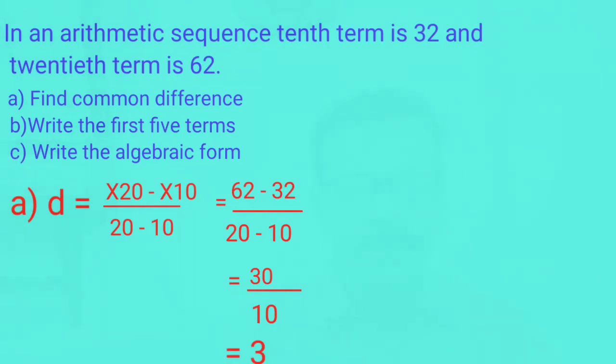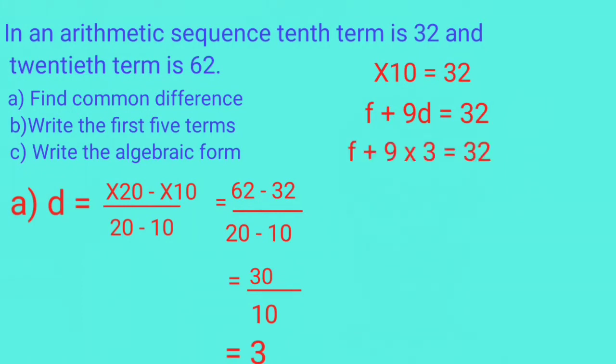As we found the common difference, to write the first 5 terms, we need to get the first term here. In the last question, we learned how to find the first term also. So here x10 is equal to 32. That is f plus 9d is equal to 32.